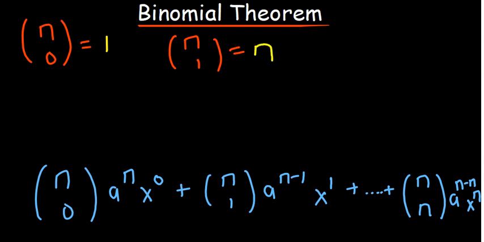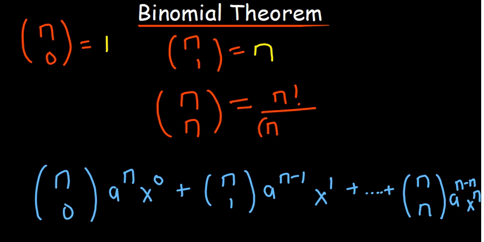And then finally, when you have n choose n, it becomes n factorial over n minus n, which is 0 factorial, and then n factorial itself.